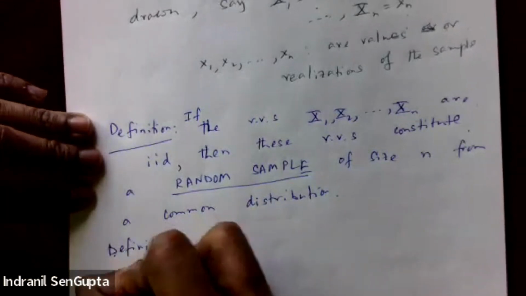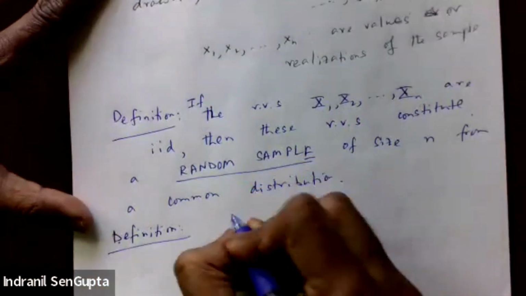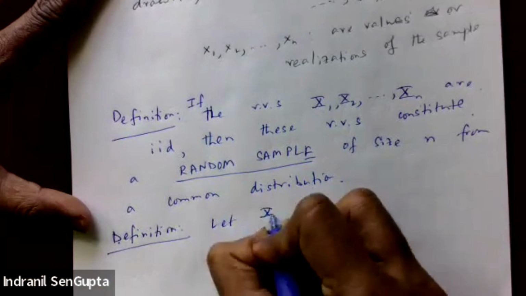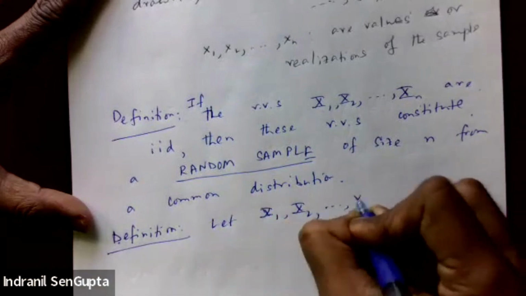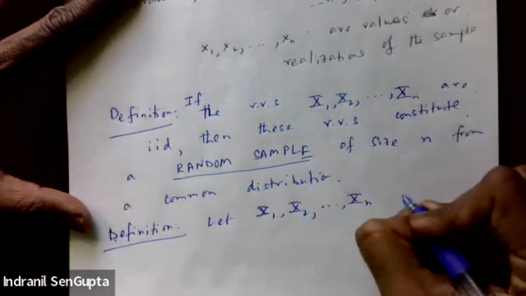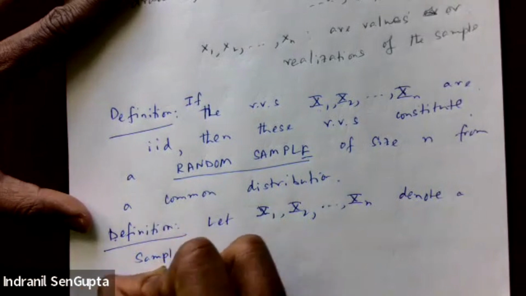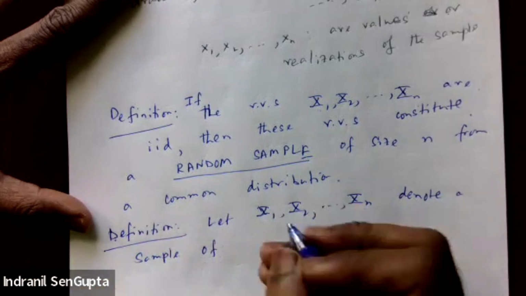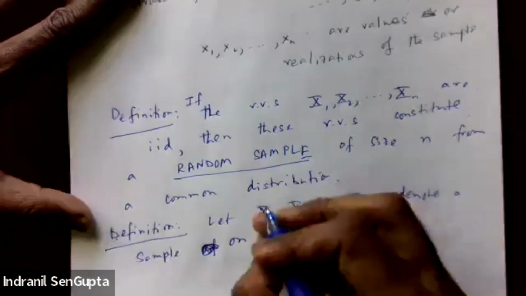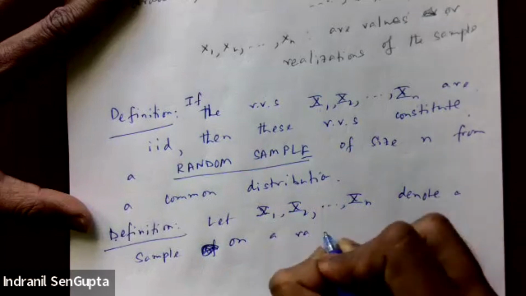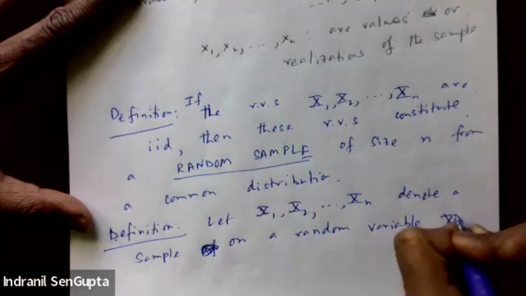Final definition, which is something very important. Let X1, X2, up to Xn denote a sample of size n on a random variable X. What does it mean?